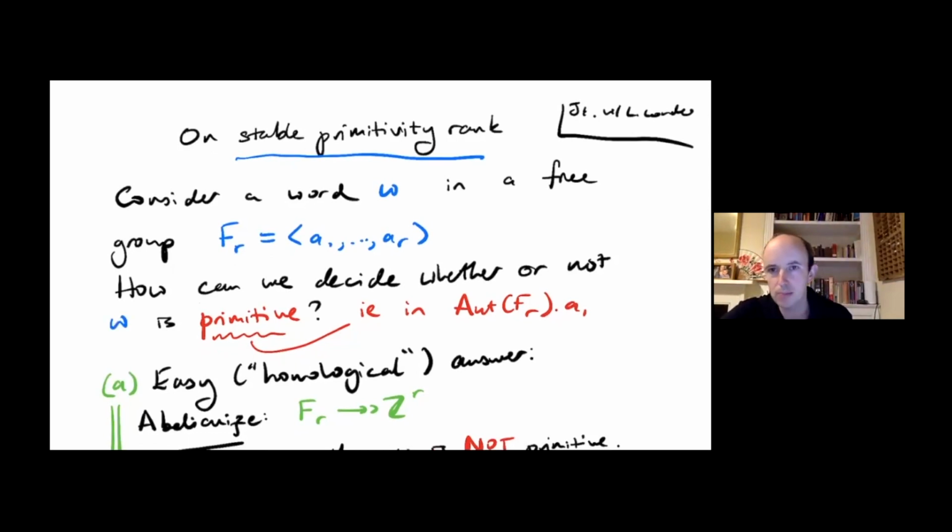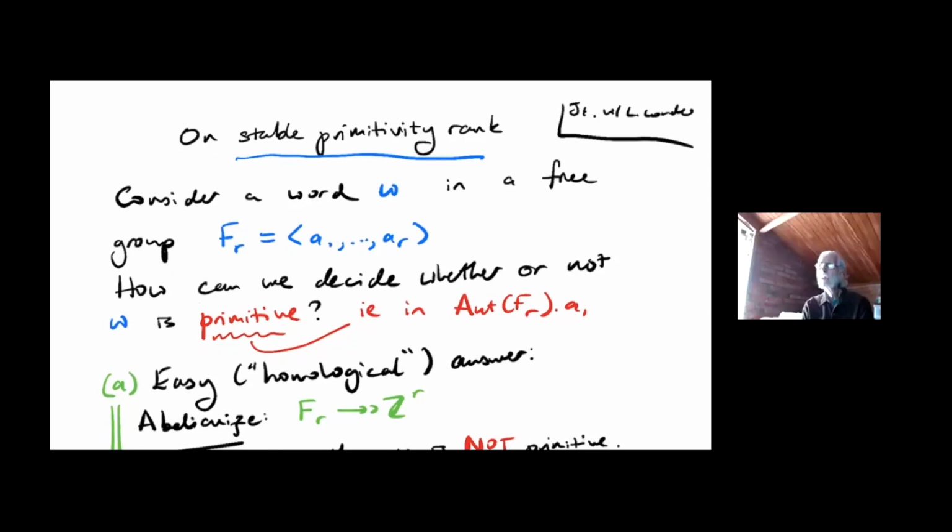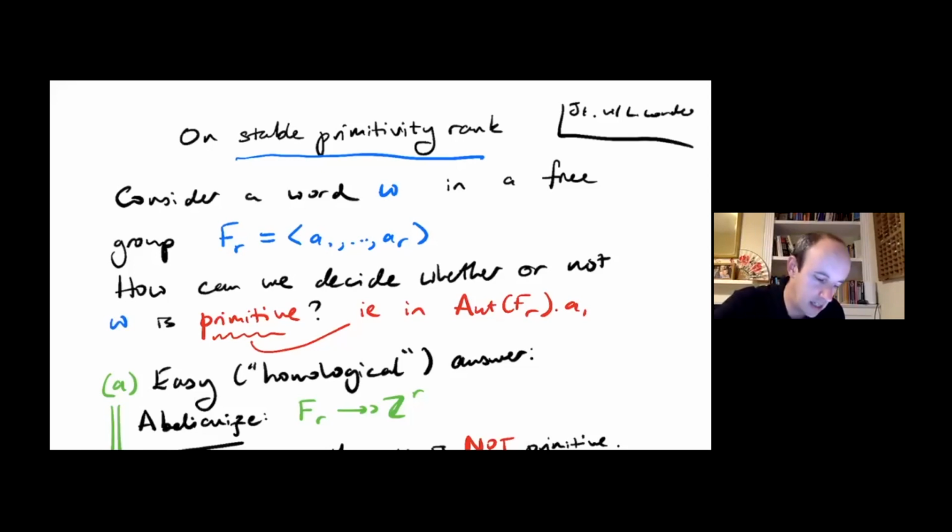What I mean by a primitive word is a word that's in the automorphism orbit of one of the generators that we were given. So it might as well be this A1 that we started with.